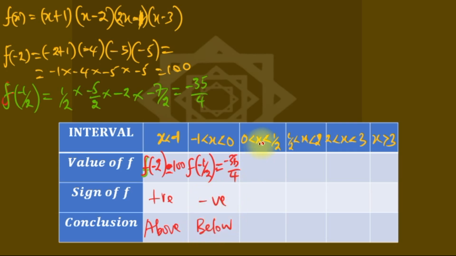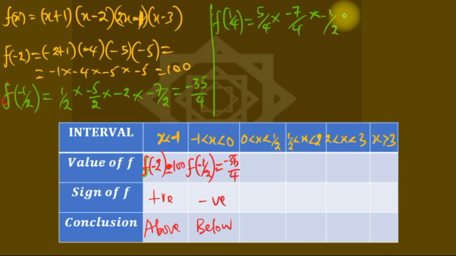So let's test numbers between 0 and half, 1 over 4. So 1 over 4 plus 1 is 5 over 4. I'm substituting 1 over 4 minus 2, which is minus 7 over 4. So times 2 times 1 over 4, which is half, minus 1, so minus half.